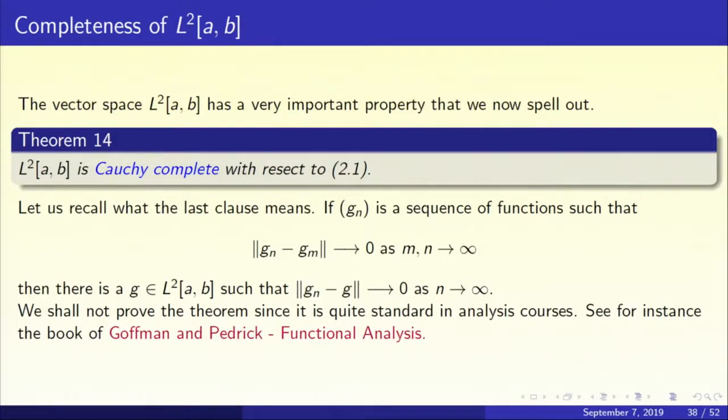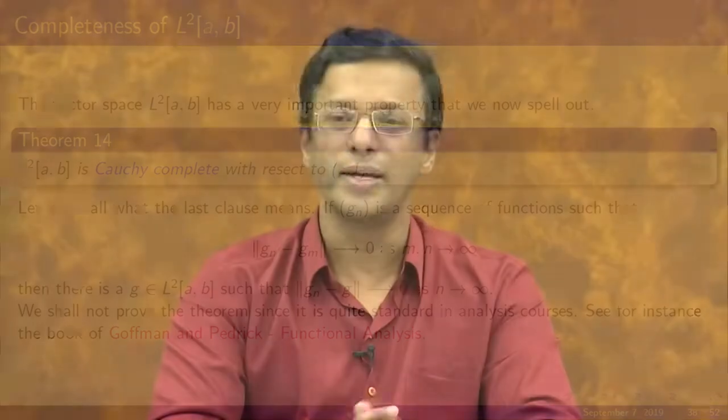That's the meaning of this sentence. We shall not prove theorem 14 because it's quite a standard result in analysis, and I have given you a reference. The best reference in my opinion is this book of Goffman and Pedrick, A First Course in Functional Analysis. I already indicated this in the list of references, and so I'll just assume this theorem.